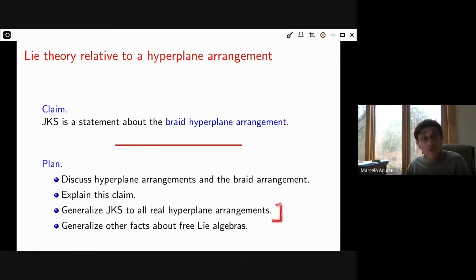Really what we do is to generalize this theorem to the setting of all real hyperplane arrangements. Not only do we generalize that theorem, but many other classical facts about free Lie algebras. So the talk will consist of one part in which I go over classical facts about free Lie algebras. Many of you may be familiar with those.